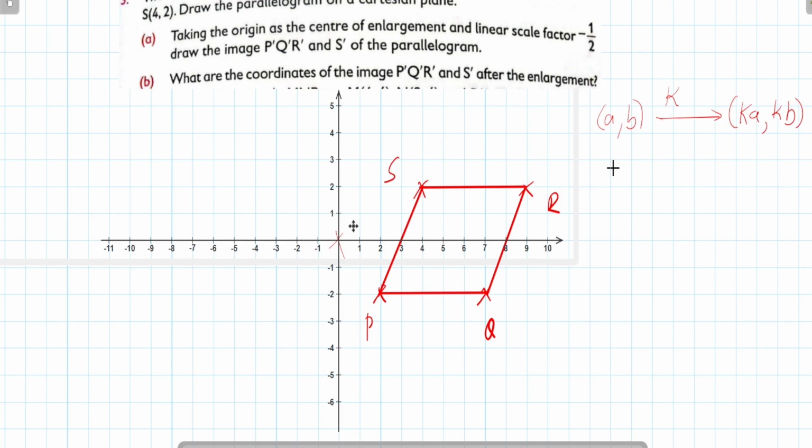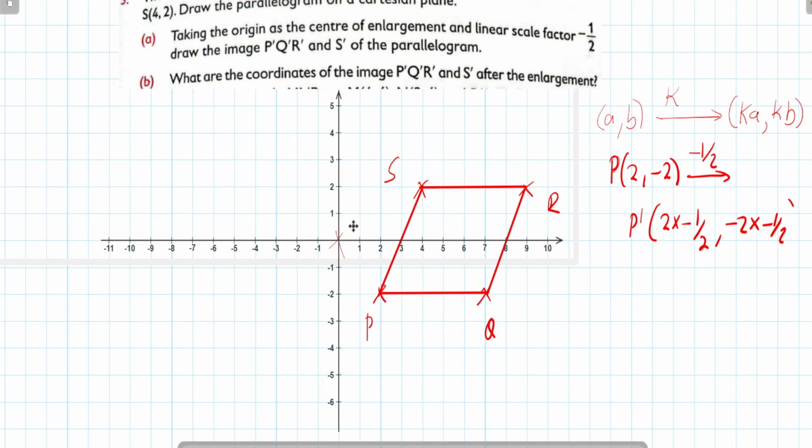For example, your P is (2, -2), and as long as your center of enlargement is at the origin, you can use this formula. So for P prime, your scale factor is negative half, so you multiply every number by negative half: 2 times negative half, and also negative 2 times negative half.